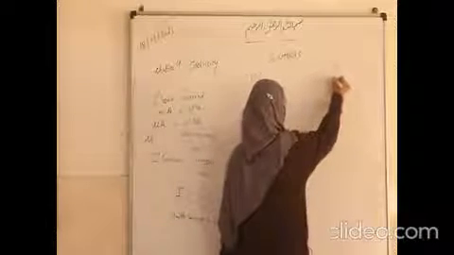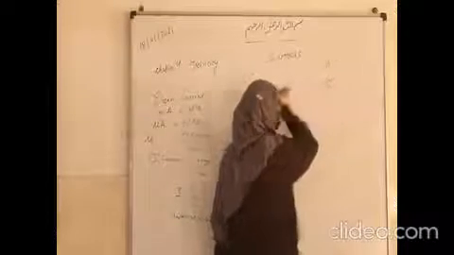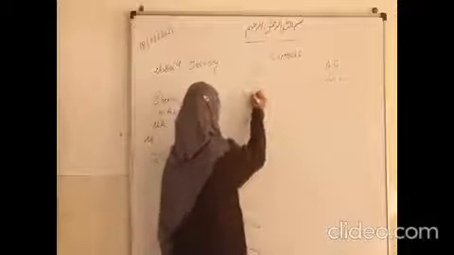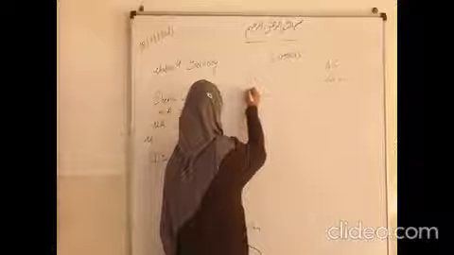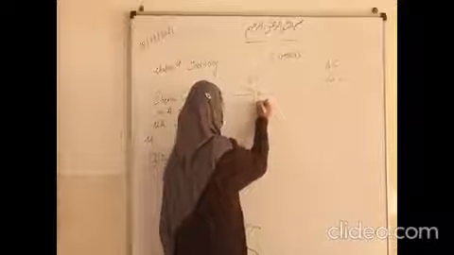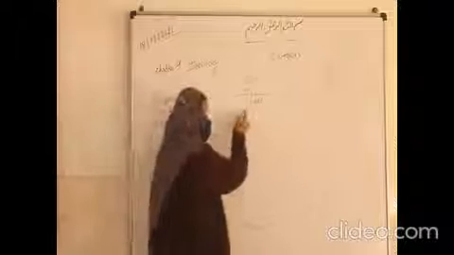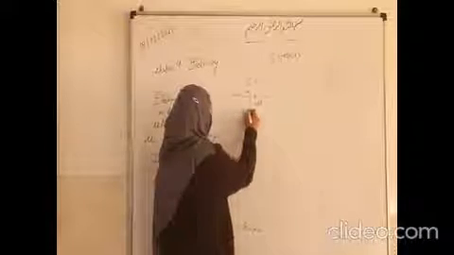Alternating current symbol is this. Okay, and DC current symbol is this, cell. Fine. Battery also you can use. It's not like that in DC always only one cell. You can use battery also.